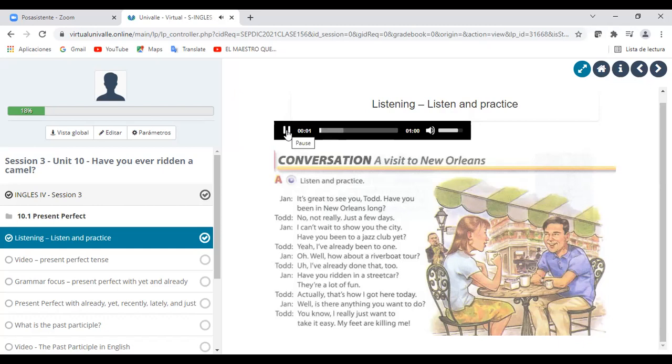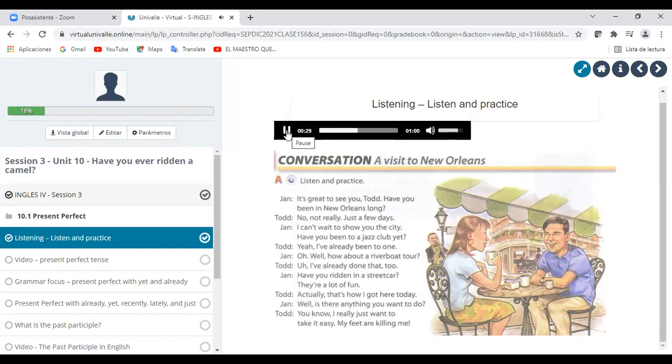Unit 10. Have you ever ridden a camel? Page 64, Exercise 2, Conversation. A visit to New Orleans. Part A. Listen and practice. It's great to see you, Todd. Have you been in New Orleans long? No, not really. Just a few days.